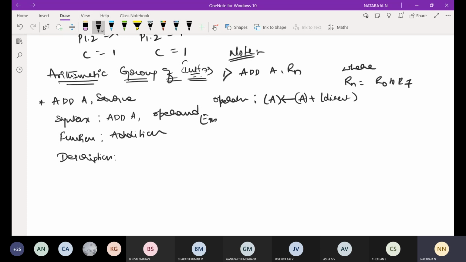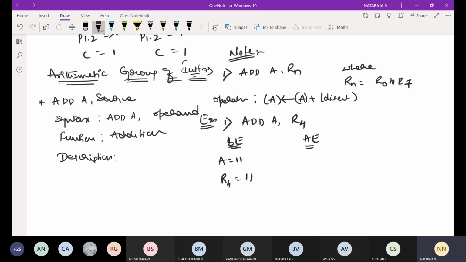Take example 1: ADD A, R4. Before execution, A is equal to 11, R4 is equal to 11.